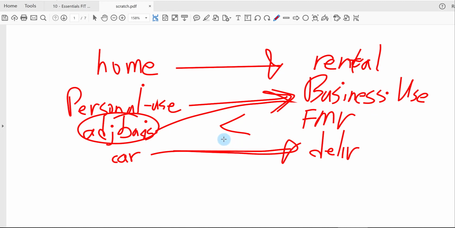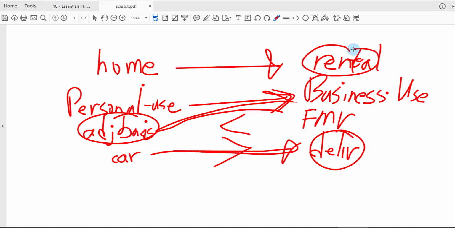If your basis is bigger than the fair market value at the time you convert it to business, and that's probably true for automobiles, maybe not true for rental, you're going to use the fair market value as your initial cost basis for business use.